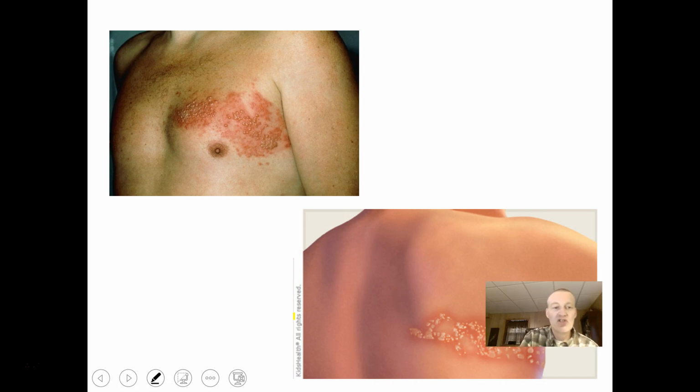So in shingles, your spinal nerves get infected with the chickenpox virus, and whatever region that particular nerve affects, it inflames that nerve, and you get blistering that will occur in that particular dermatome of your body.